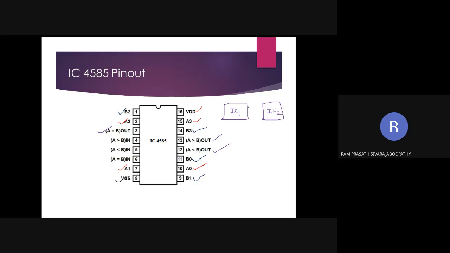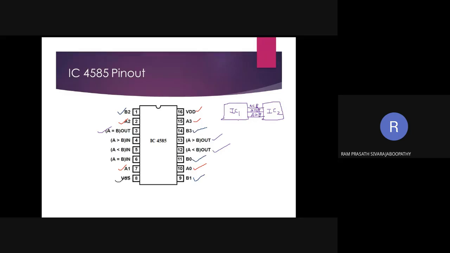Here we will have 3 inputs. The 3 lines are A less than B, A equal to B, and A greater than B.